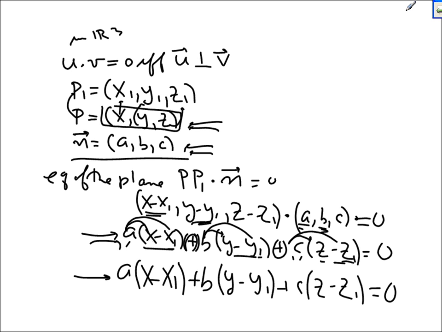What comes after the X minus, the Y minus, and the Z minus is the point, or if you have 2 points, one of those points. And what goes in front is what's called the normal vector, the vector that is perpendicular to the plane.